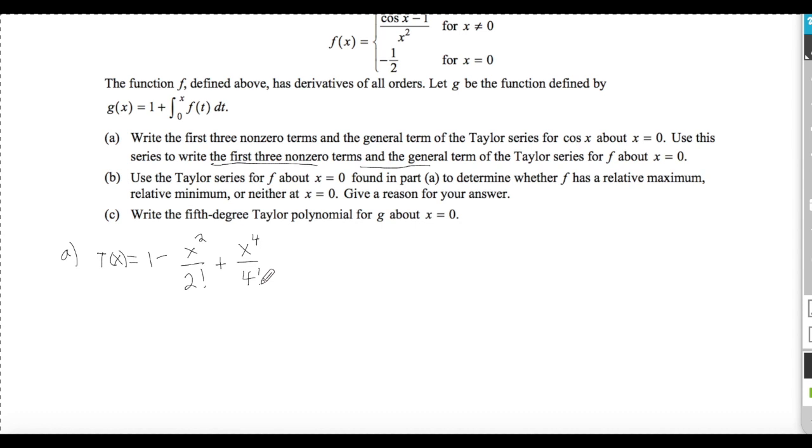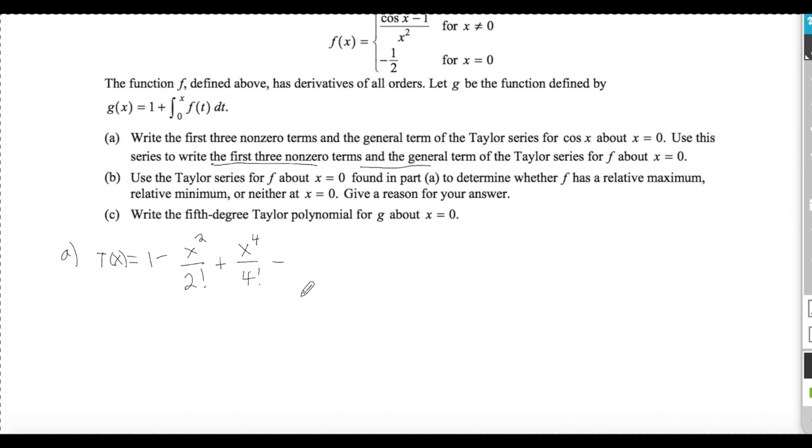The cosine ones only use even powers: 0, 2, 4, 6, and so on. Plus, our notation needs to be solid here, dot, dot, dot. Well, I guess we should say minus, because the next term would be minus, wouldn't it? Minus, dot, dot, dot.